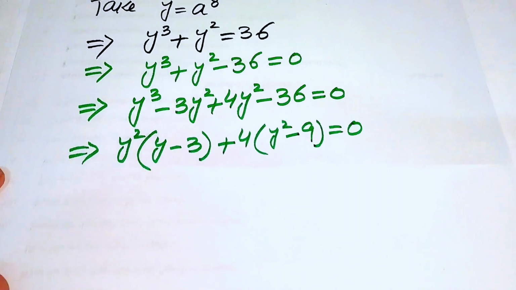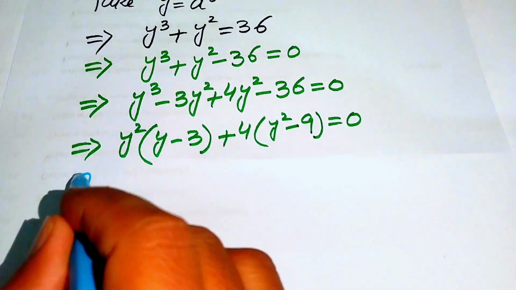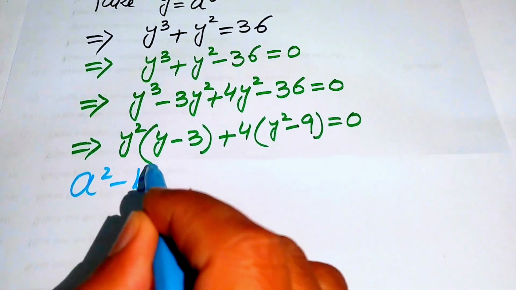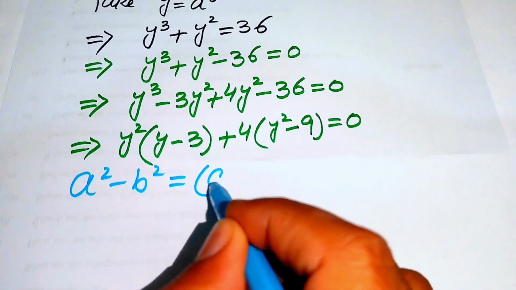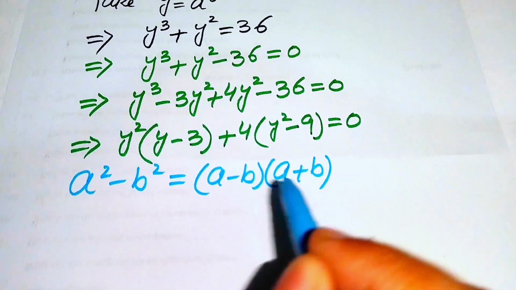Here we use the nice square identity: you know that a square minus b square equals a minus b times a plus b.